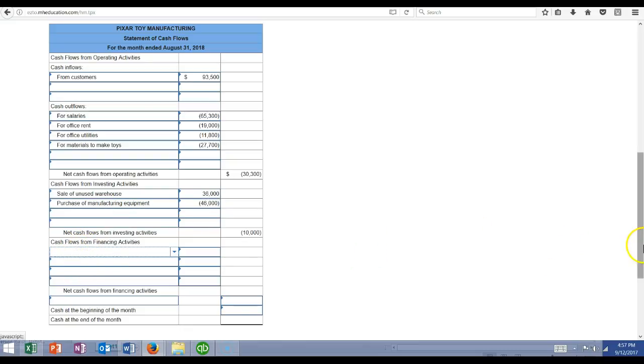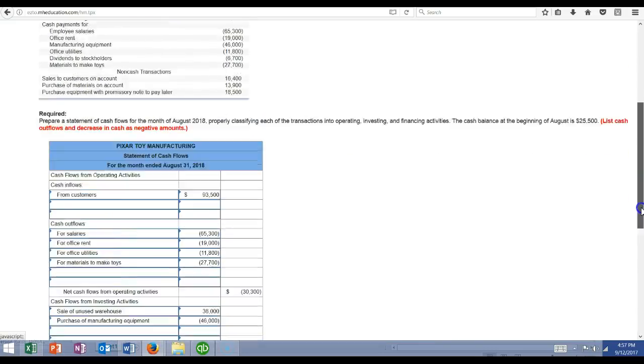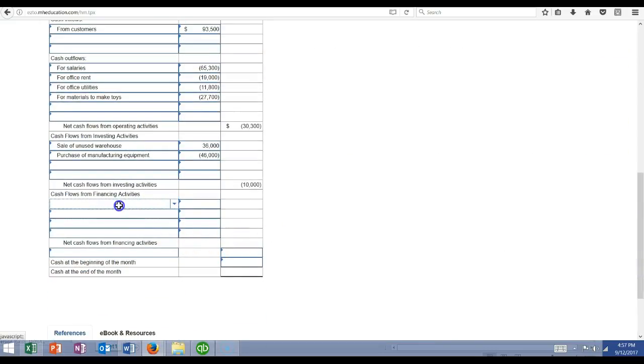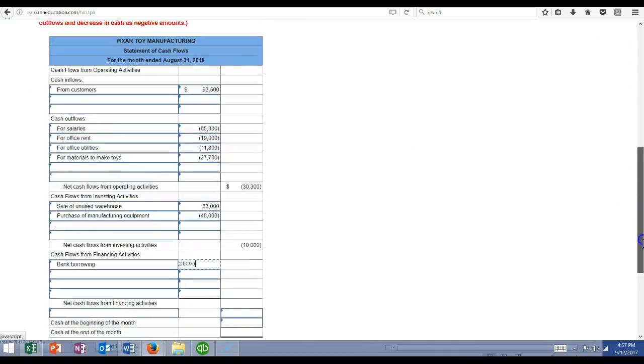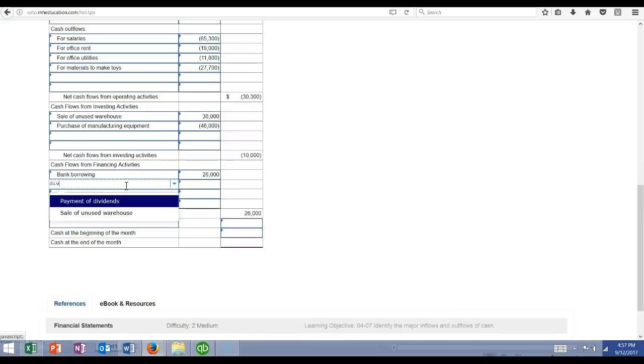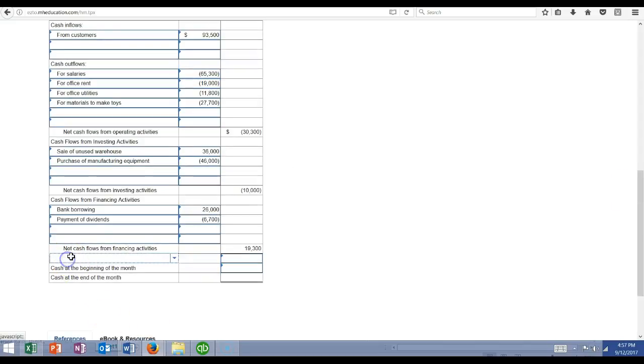Now the cash flows from financing: bank borrowing of $26,000, and then dividends to stockholders, minus $6,700.